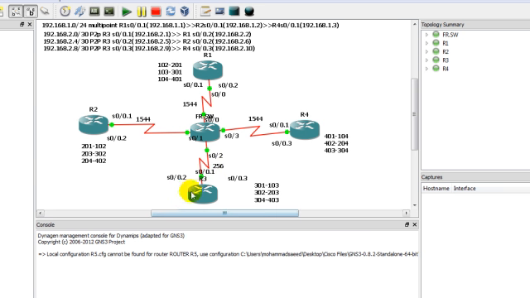To solve this scenario, I have 2 choices here. I have a choice to use just point-to-point: for each router, make 3 sub-interfaces here, 3 sub-interfaces here, 3 sub-interfaces, and 3 sub-interfaces, and I configure the bandwidth of each sub-interface with 256.